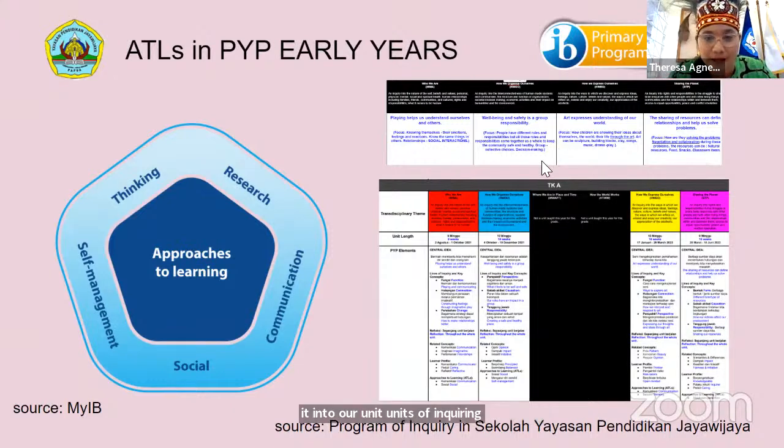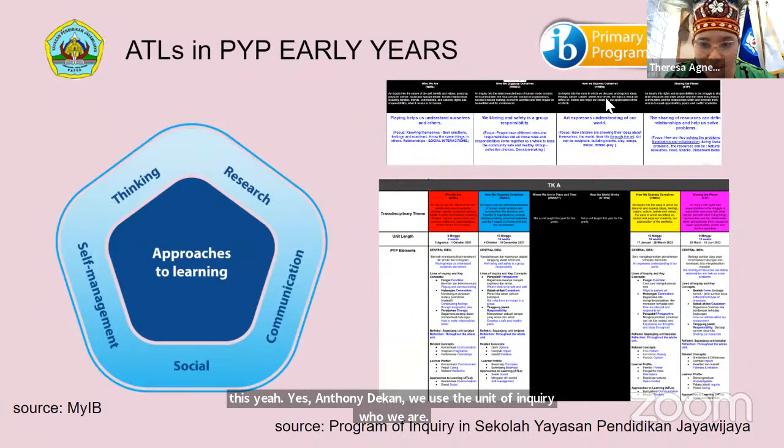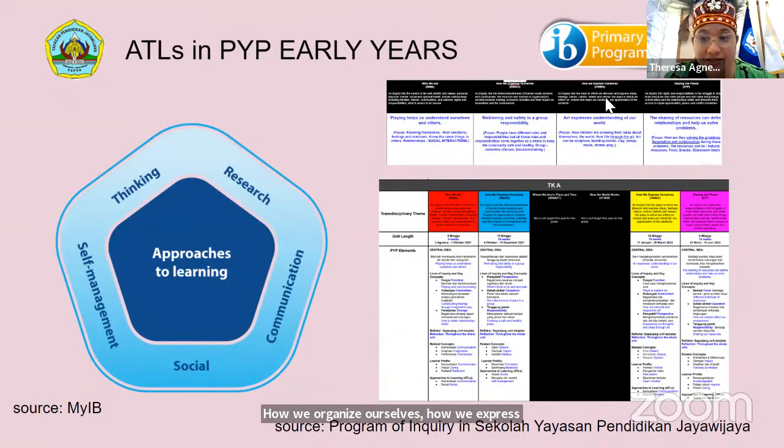For our planning in this school, Sekolah Yayasan Pendidikan Jayawijaya, we use the units of inquiry: who we are, how we organize ourselves, how we express ourselves, and sharing the planet. So we just use 4 units, not 6 units.